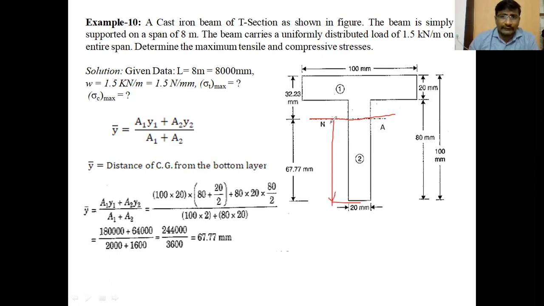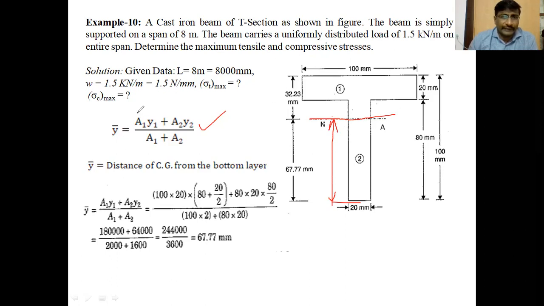To find this y bar, we can take the equation a1 y1 plus a2 y2 by a1 plus a2. You already studied this equation in engineering mechanics, how to locate the centroid or center of gravity of a particular area or plane.